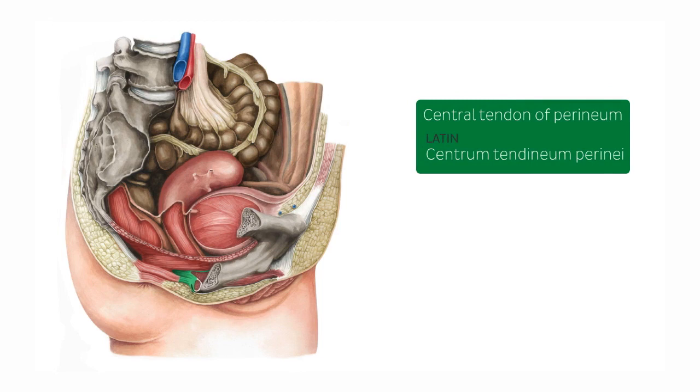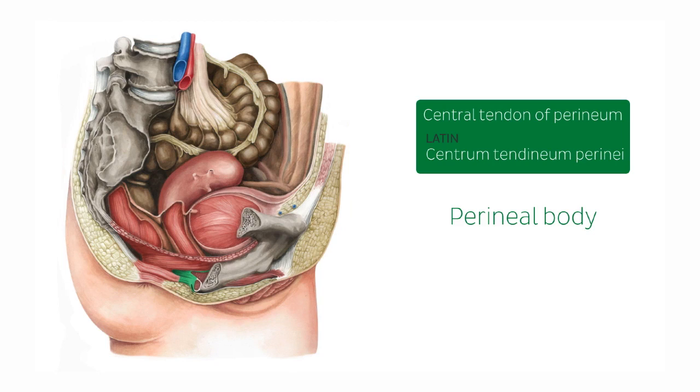This central tendon of the perineum, which can sometimes also be called the perineal body, is a pyramidal fibromuscular mass in the midline of the perineum. And in the female pelvis, as you can see here, it is found between the vagina and the anus, about 1.25 centimeters in front of the anus.